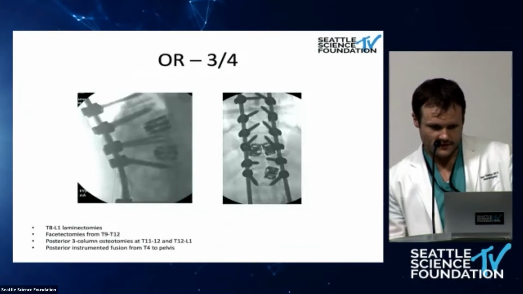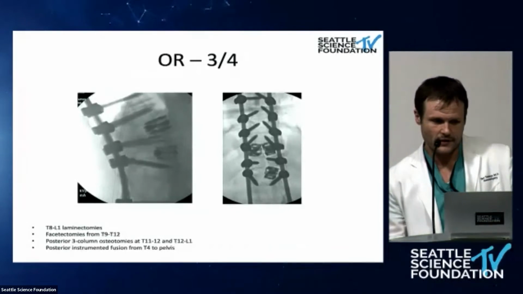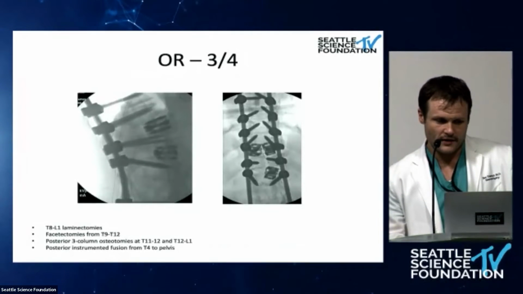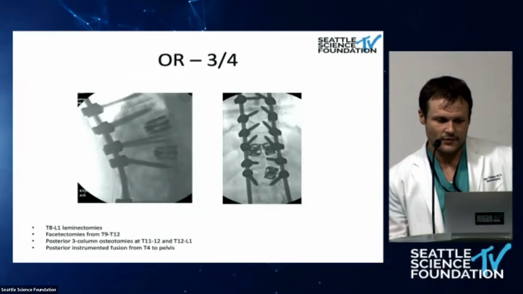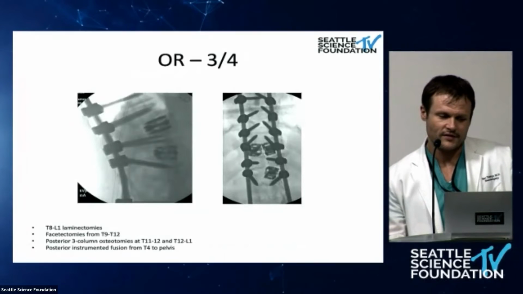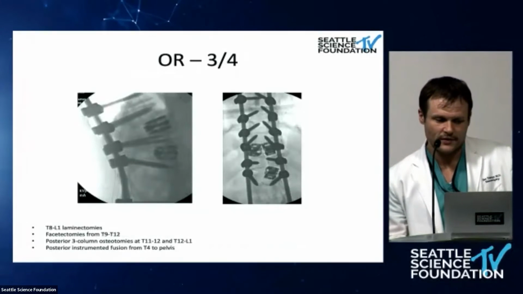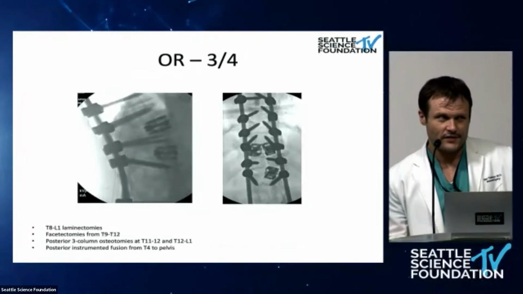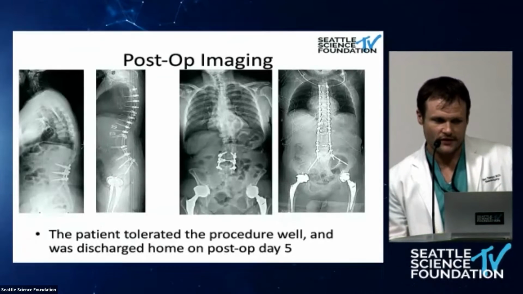So she was taken to the operating room earlier this month. T8 to L1 laminectomies, facetectomies from T9 to T12, posterior 3-column osteotomies at T11-12 and T12-L1, instrumented fusion from T4 to pelvis. Surgery took about 8 hours. She lost about 2 liters of blood and got 3 units, but her correction is, I think, pretty nice. Those are the pre-op films and the post-op films.